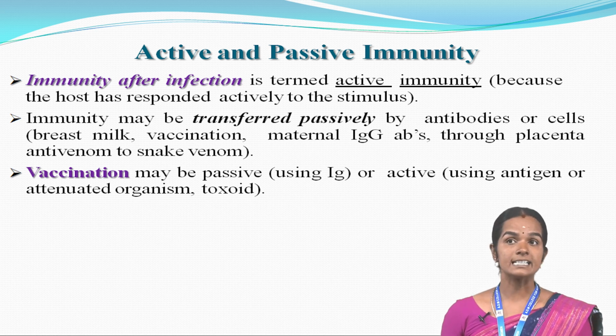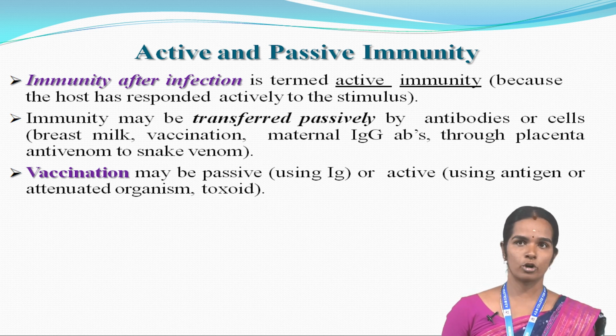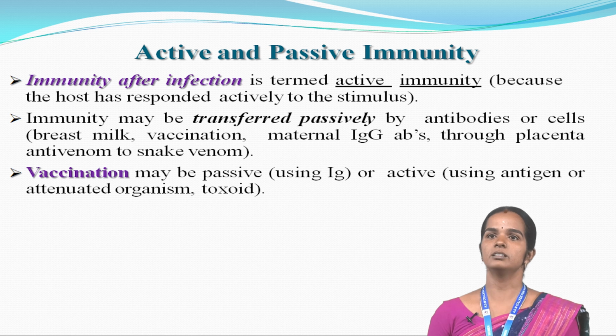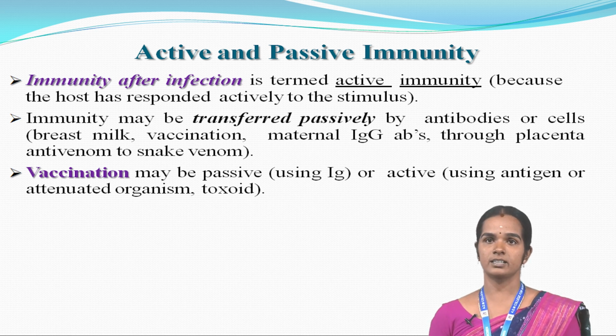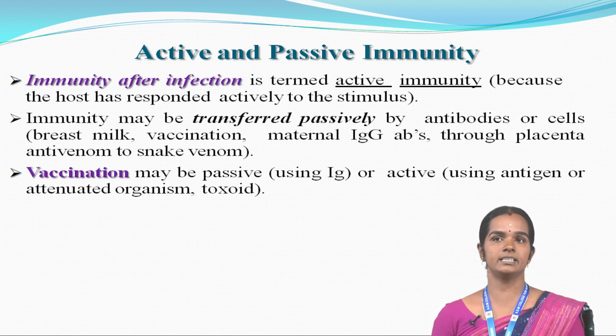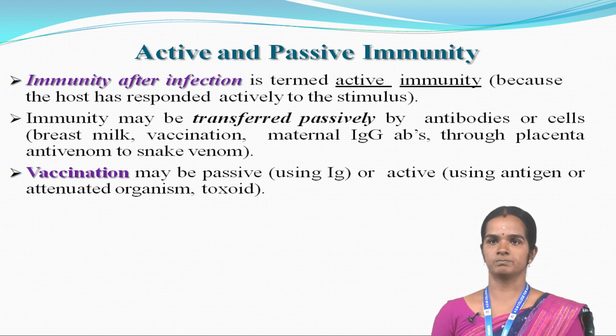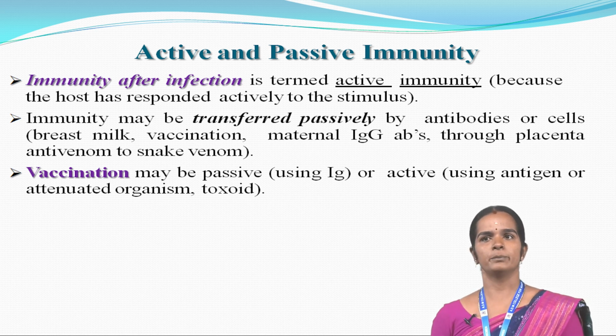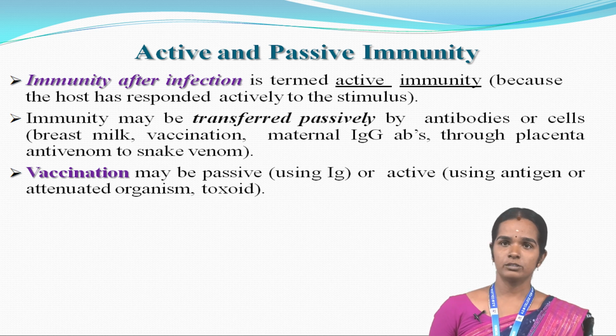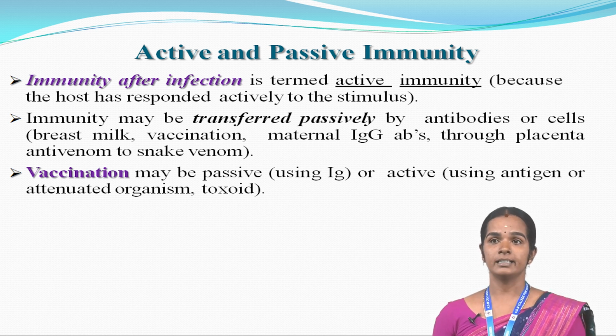Immunity may be transferred passively by antibodies or cells, for example breast milk, maternal immunoglobulin G through the placenta, and antivenom to snake venom. It may be passive immunity, or active using antigen or attenuated organism or toxoid, as in vaccination.